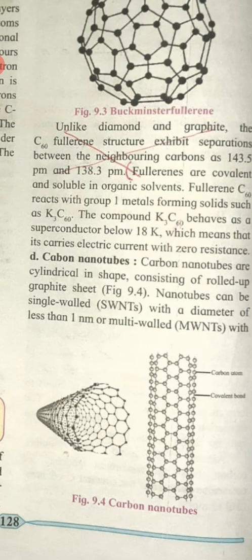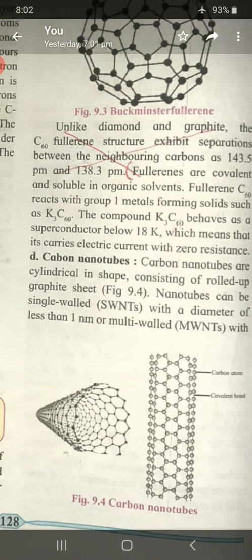Nanotubes can be single-walled (SWNTs) with a diameter of about 1 nanometer, or multi-walled (MWNTs) with diameters reaching more than 100 nanometers.